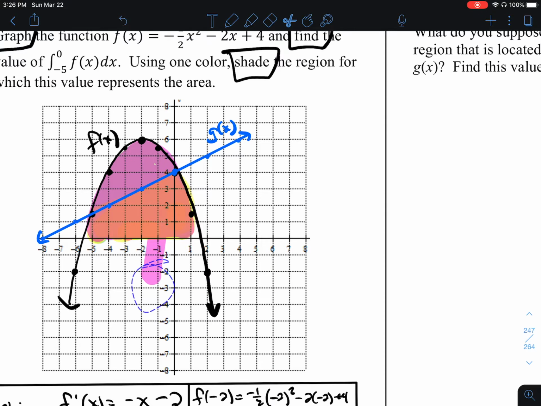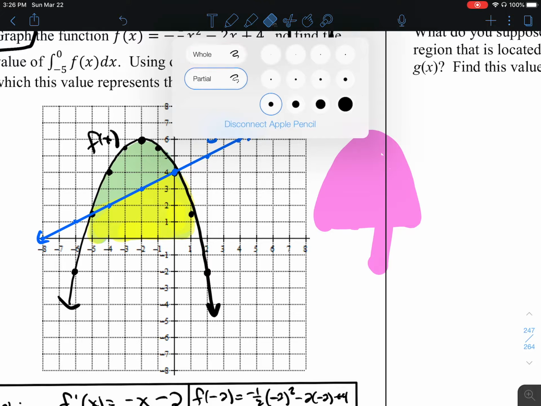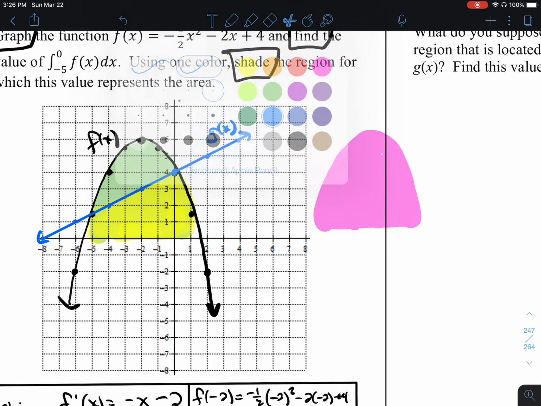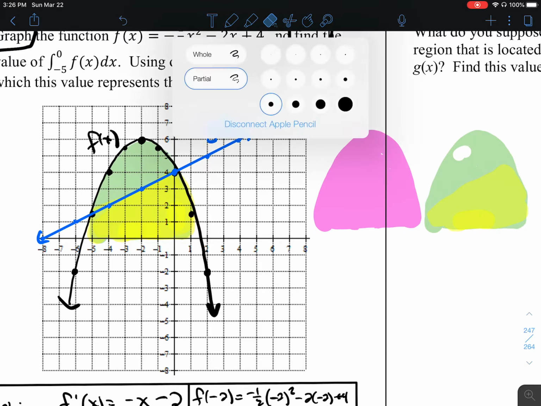If we were to take this pink area, which we actually don't want to know the area of, and we were to take, I got too much there. Oh, geez.